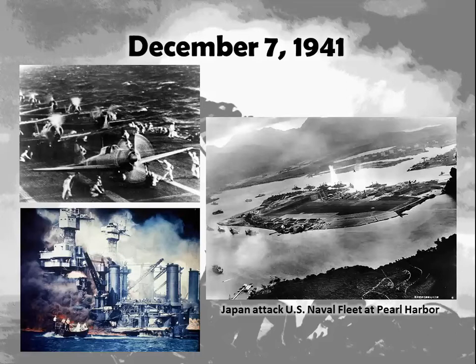But we know that it did happen, and part of the reason it happened was the Japanese were looking to keep the United States out of their way while they tried to attain resources to keep their empire moving, to keep it expanding.